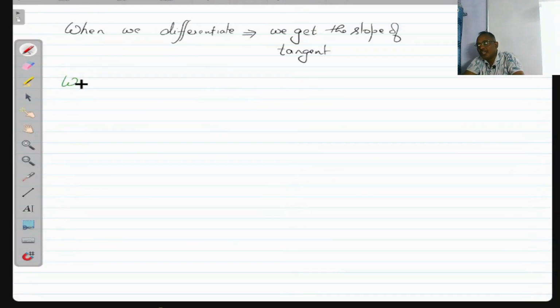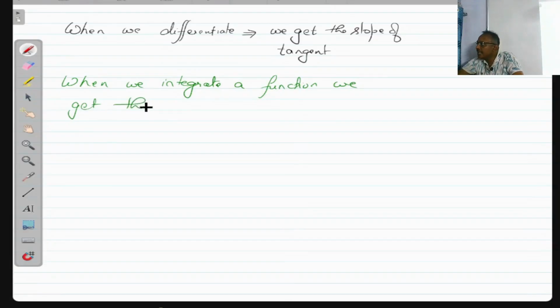Then when we integrate a function, what do we get? We get the area under the curve. Area under the curve. Now, the formulas of integration.